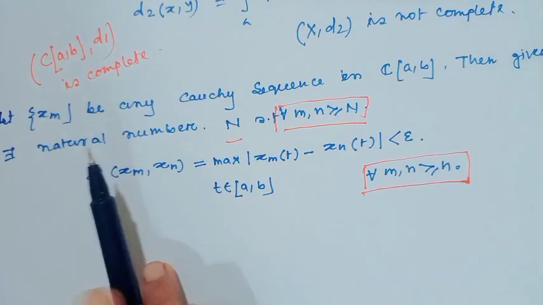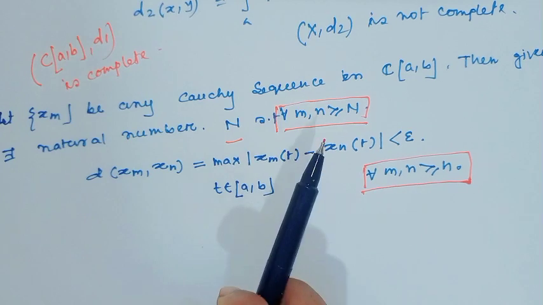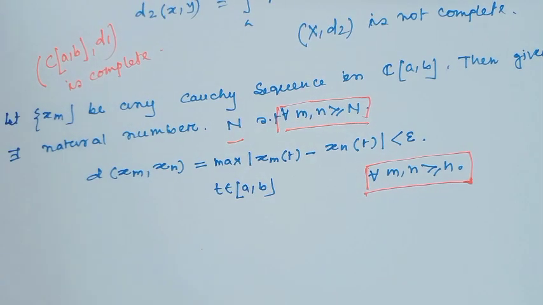For this, consider x_m to be a Cauchy sequence in C[a, b].